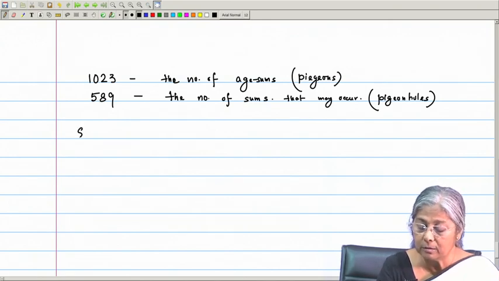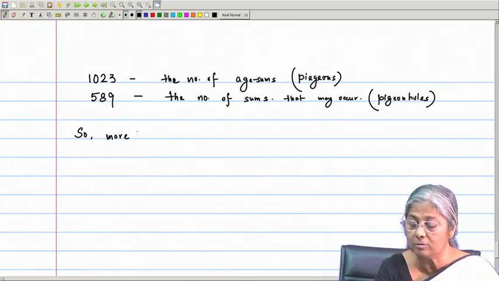So, more than one group can have the same sum, since 589 is less than 1023.